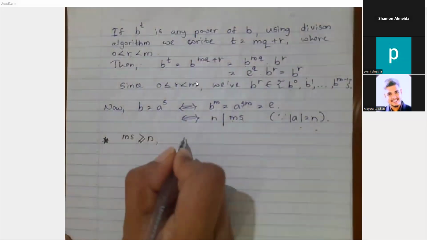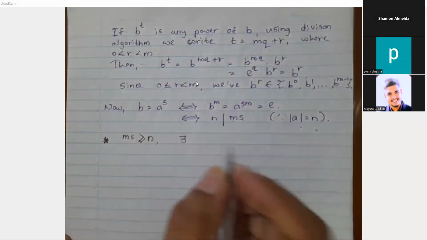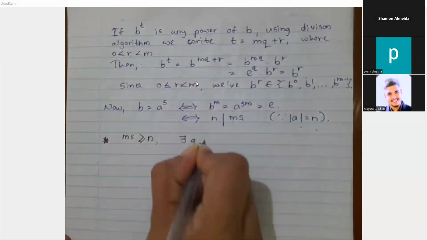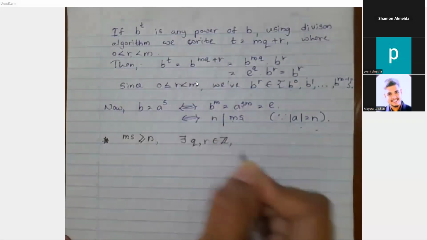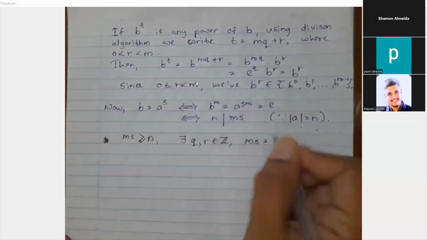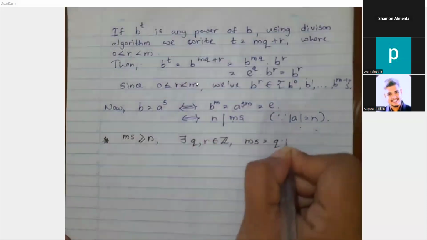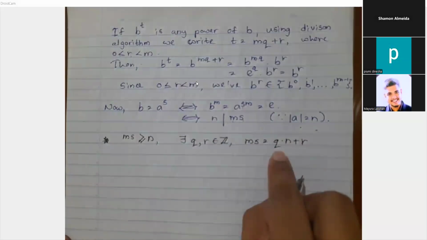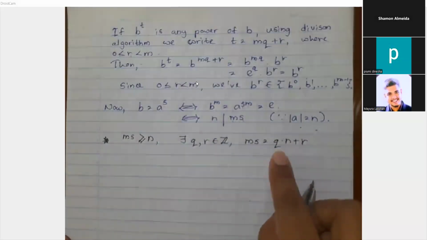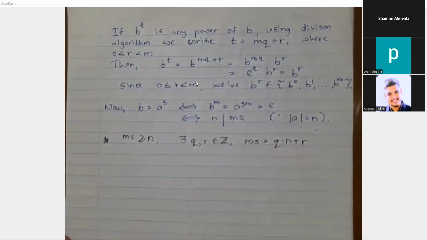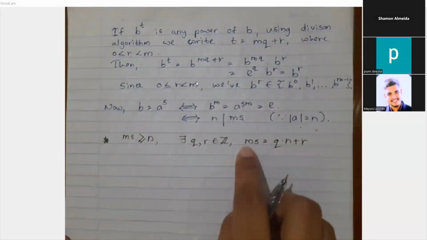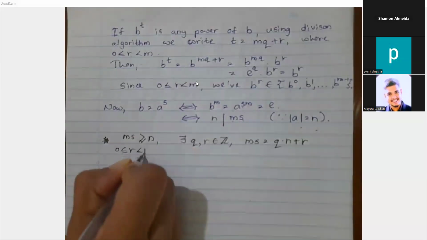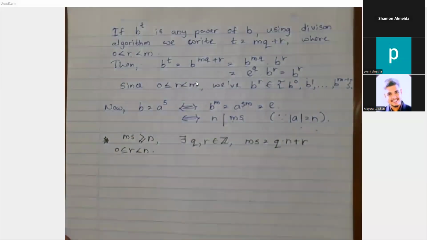So by the division algorithm, there exist integers q and r such that ms is equal to q times n plus r, where q is the quotient, the integer value we get when we divide ms by n, and r is the remainder which lies between 0 and n, right?